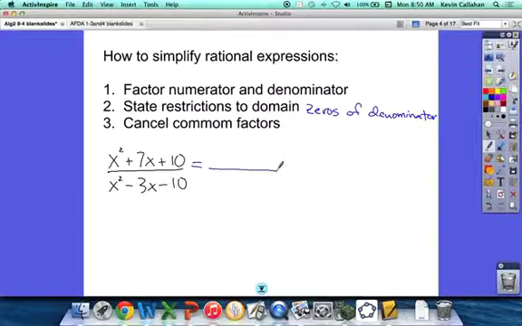Somebody? The factors of 10 that add up to 7. 5 and 2. Okay, so how does it factor? X plus 5, x plus 2, right?